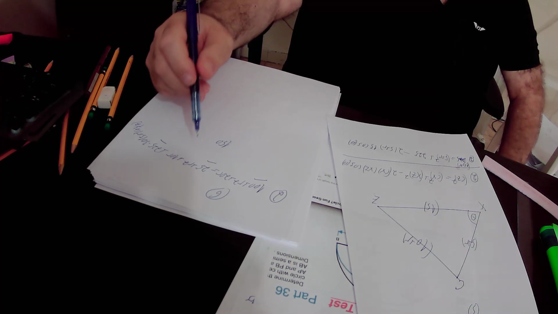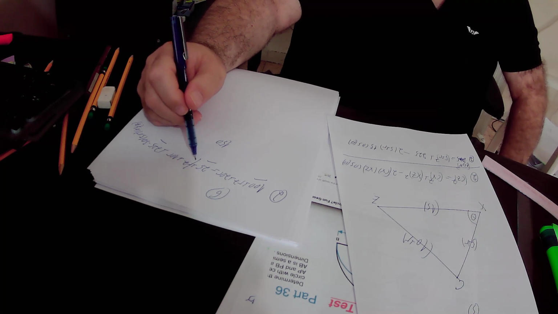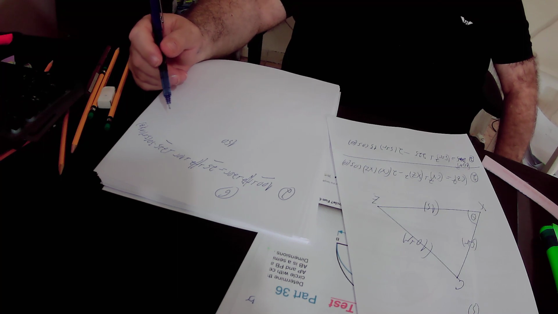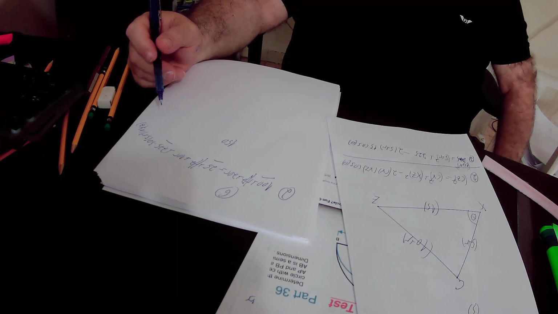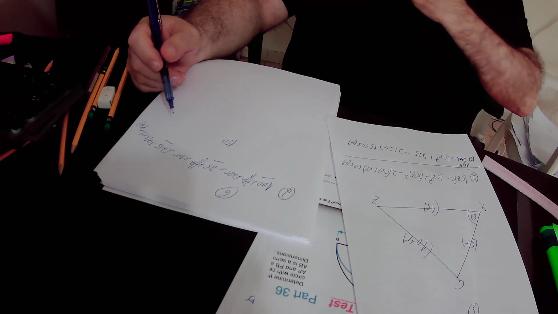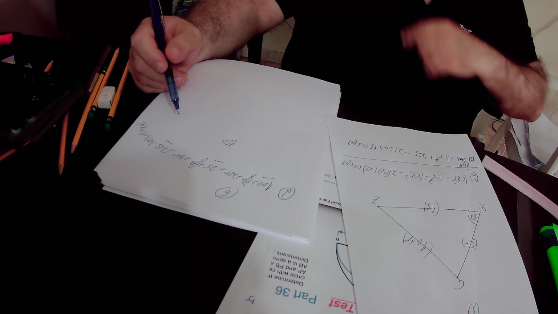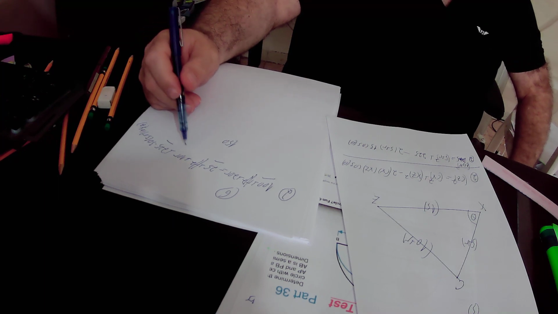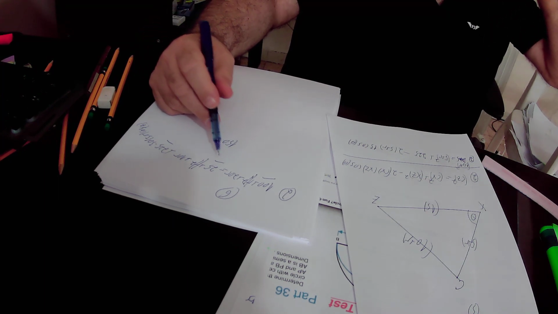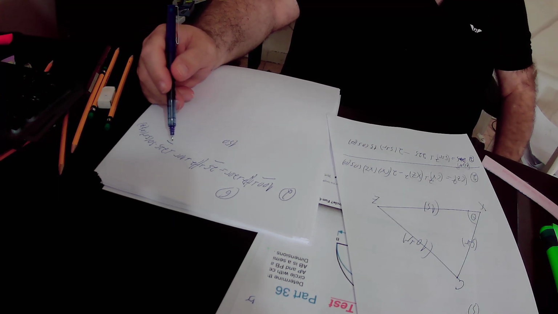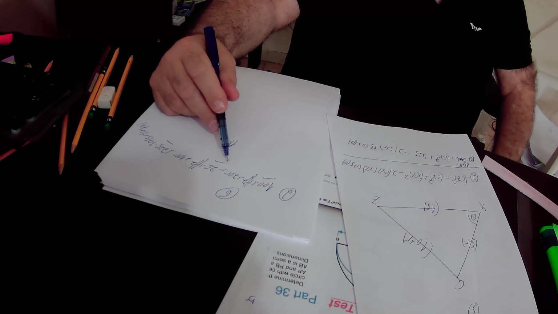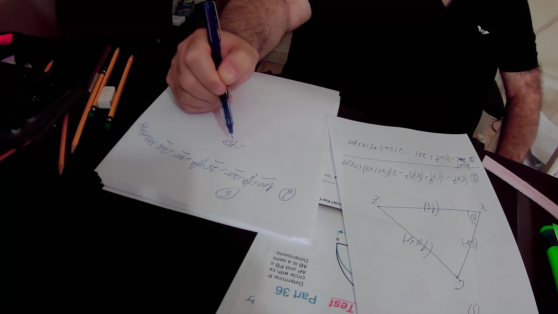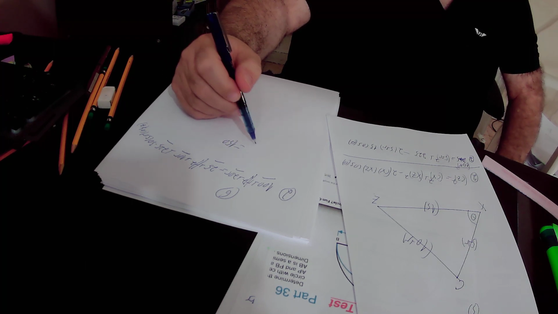Here we have r squared on both sides of the equation, so r squared will get cancelled. And we have here 10r, and here we have 20r, so we subtract 10r from this equation, and here we will have 20r minus 10r is 10r.